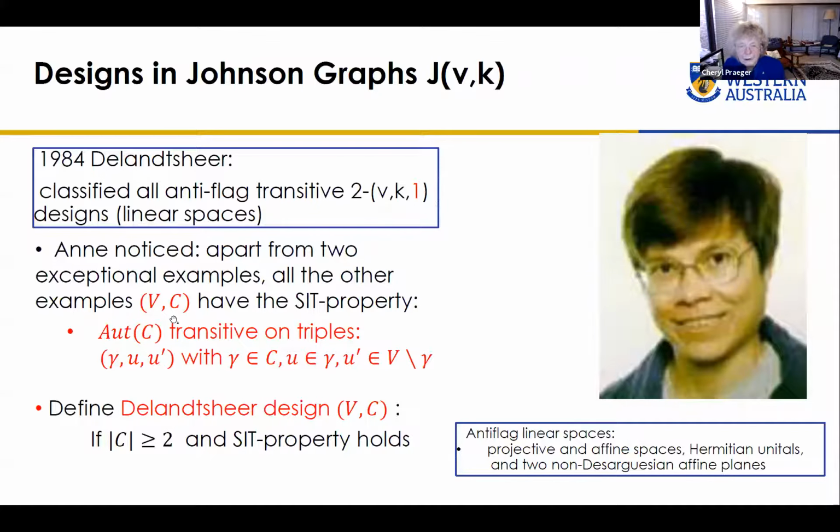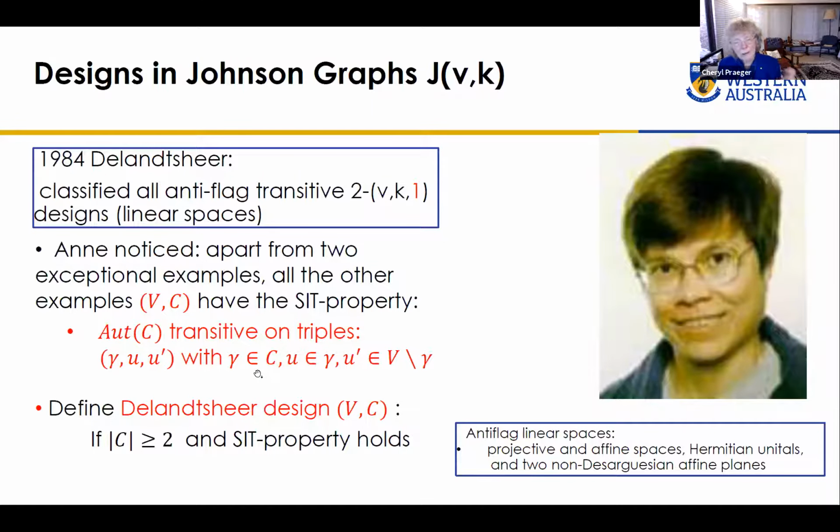Now, she noticed that apart from these 2 exceptional non-Desarguesian affine planes, all of the other examples had automorphism groups which were, and she stated this transitivity property. They all have the SIT property.